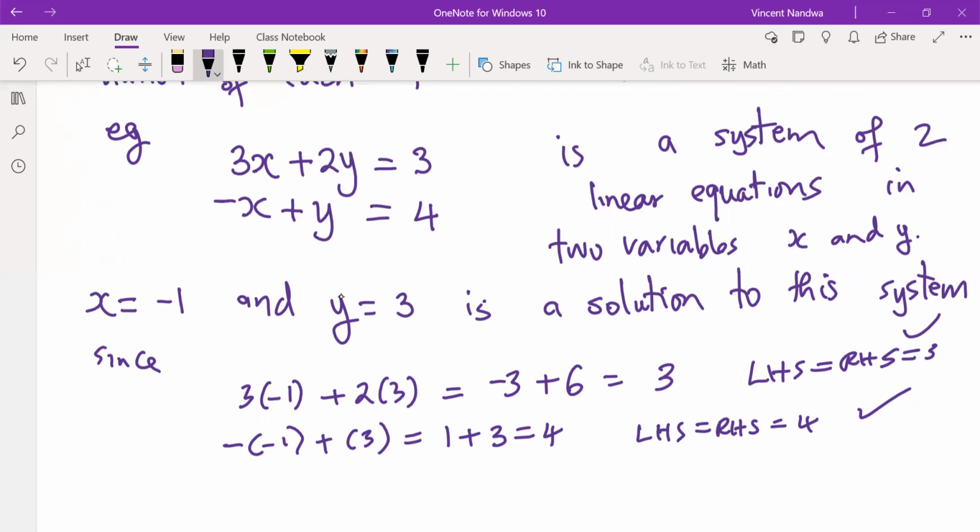So let's define what we call equivalent equations.